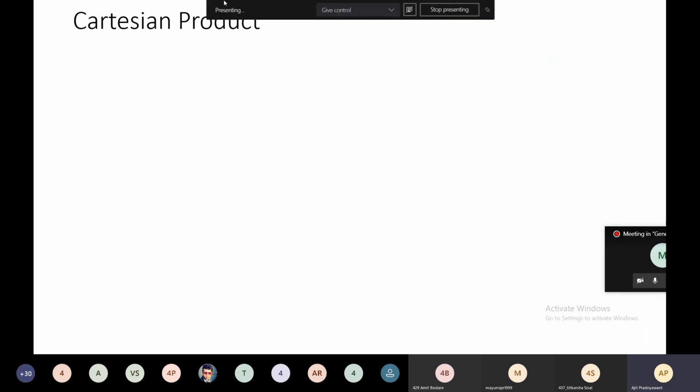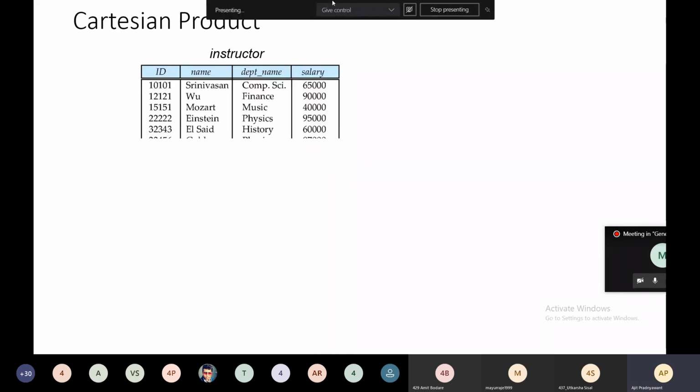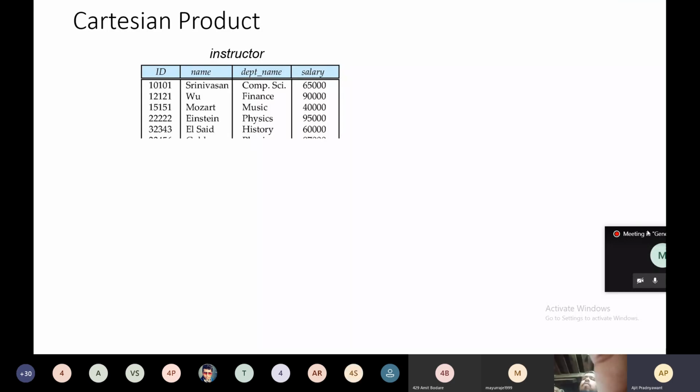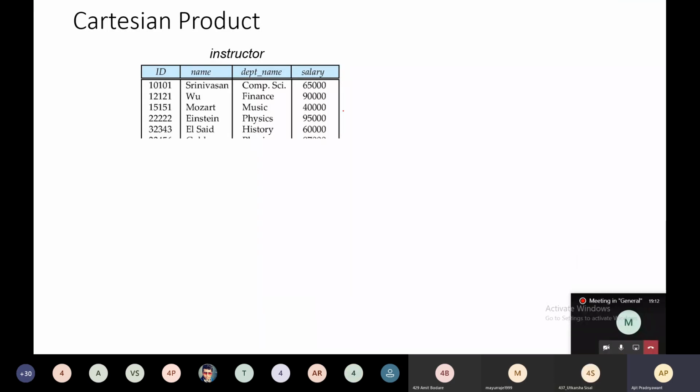Just see, suppose this is my relation instructor. This is my relation instructor that we have learned in the last 2-3 lectures. So instructor is a relation. ID, name, department name and salary are the attributes of the instructor.